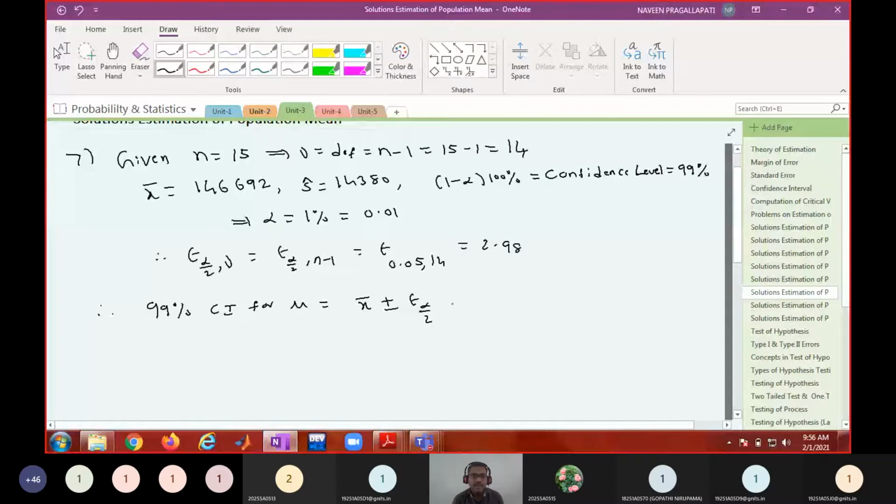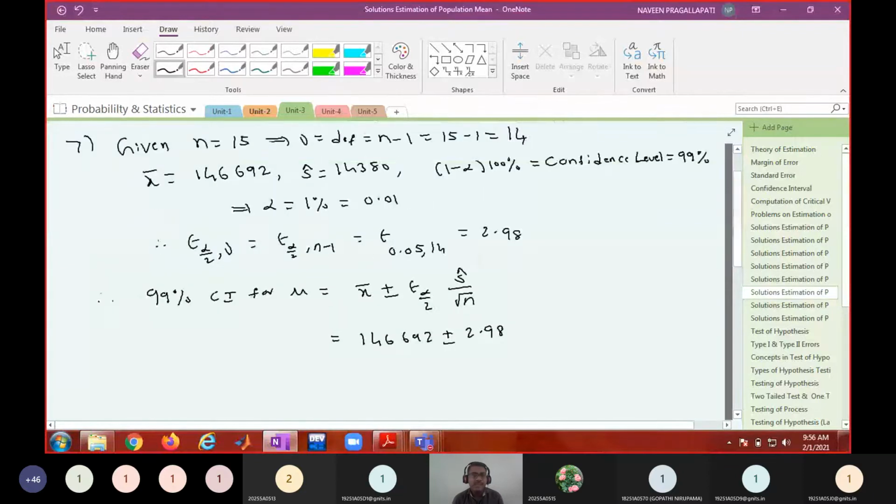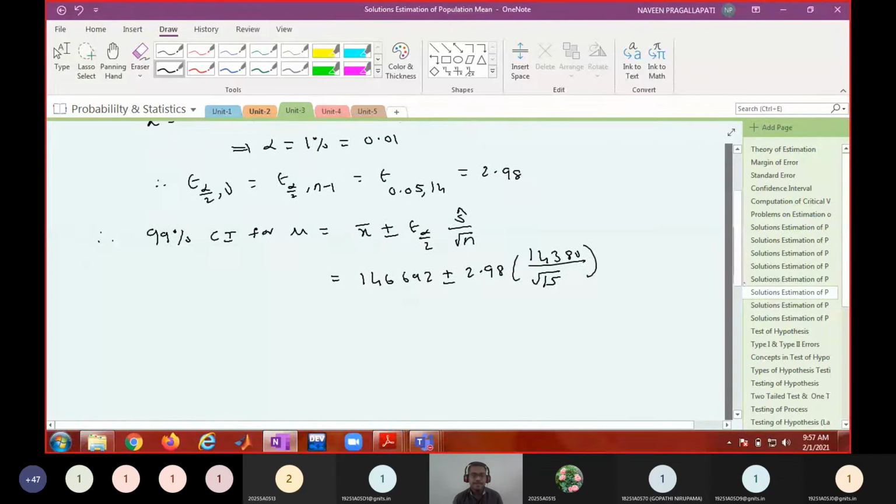So this is going to be 1,46,692 plus or minus 2.98 into S cap, 14,380, divided by root 15. Now compute. What is this value?